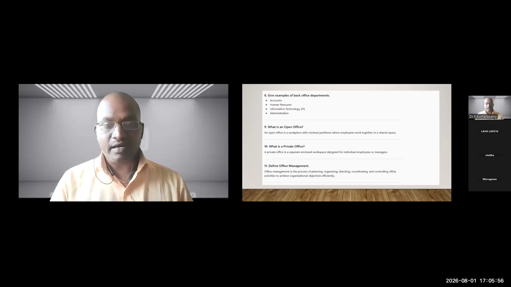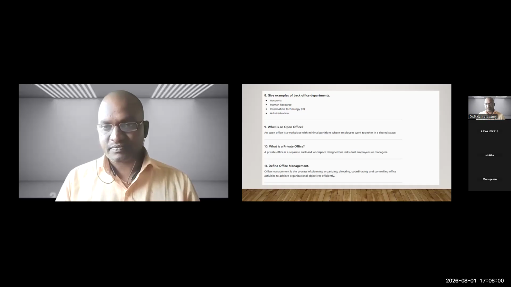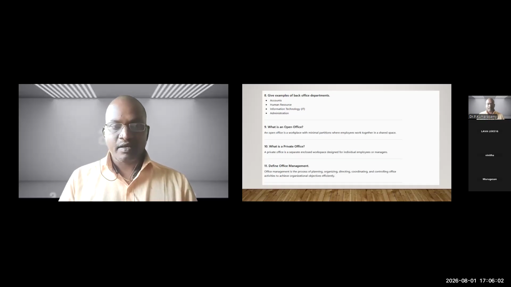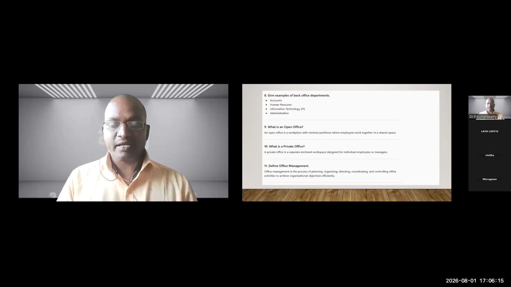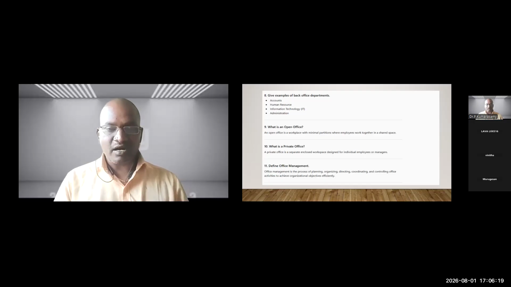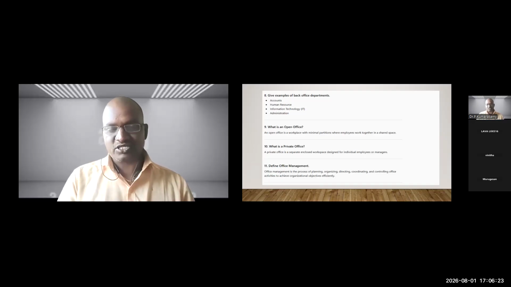So what is an open office and a private office? Open office is a workplace with minimal partitions. Minimal partition means it may be a largest hall with two or three divisions, or otherwise only the largest hall.